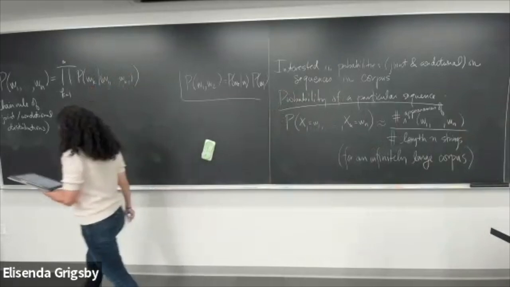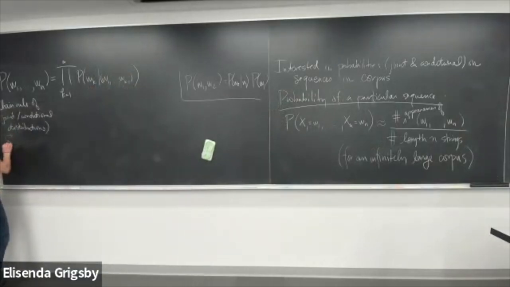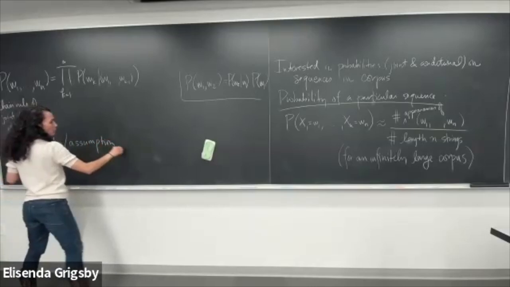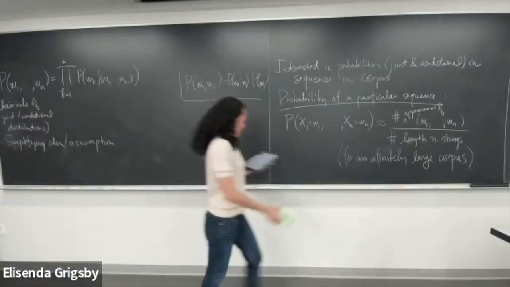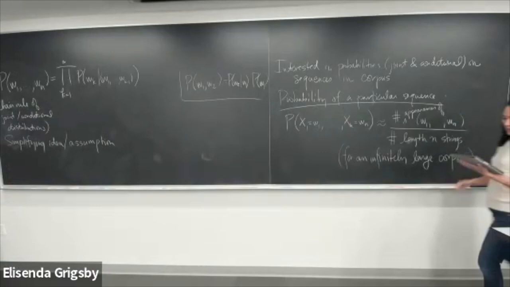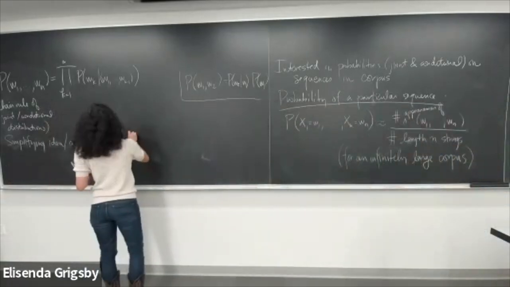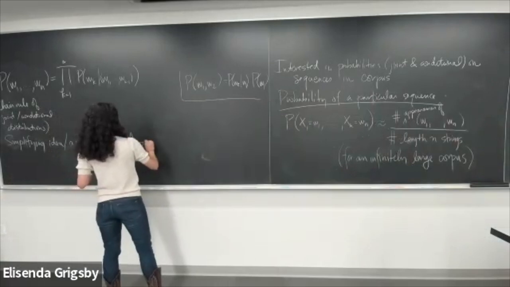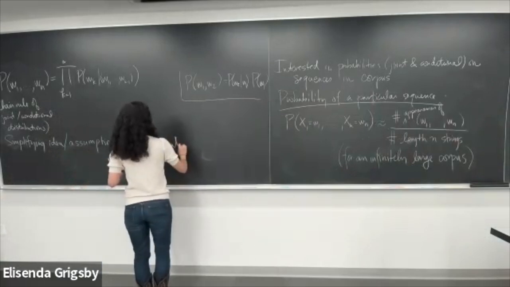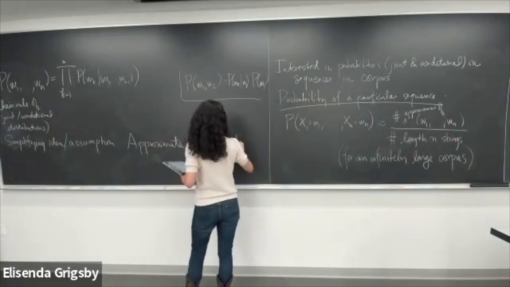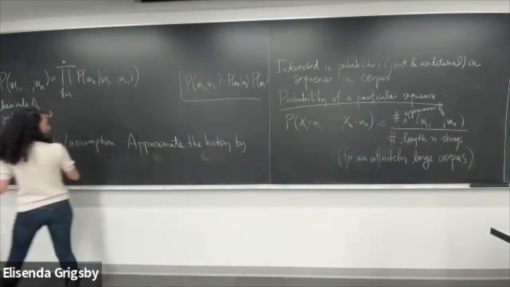So the simplifying assumption, which will appear in what we're going to talk about in lecture today about transformers, is to approximate the history. We're putting an upper bound on the context length.